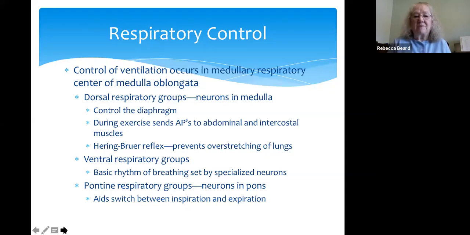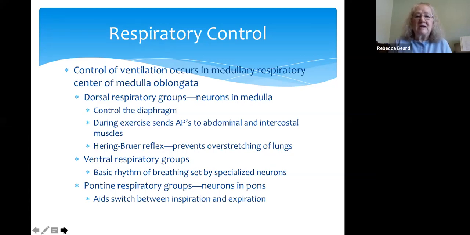Or if we think, I'm going to take a nice deep breath here, we can do that. So we have a certain amount of control over our breathing, but we can't decide we're going to hold our breath forever, because that's going to be overridden by our other systems in our body.